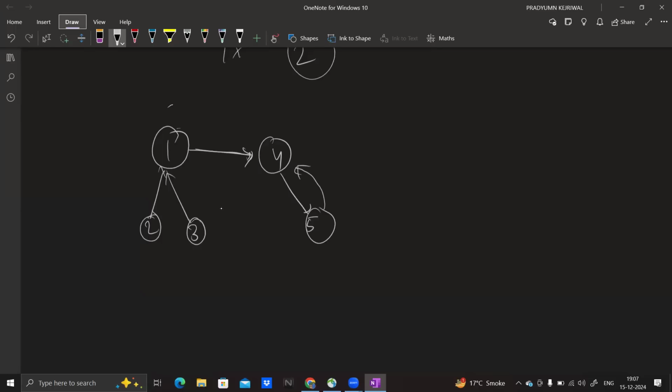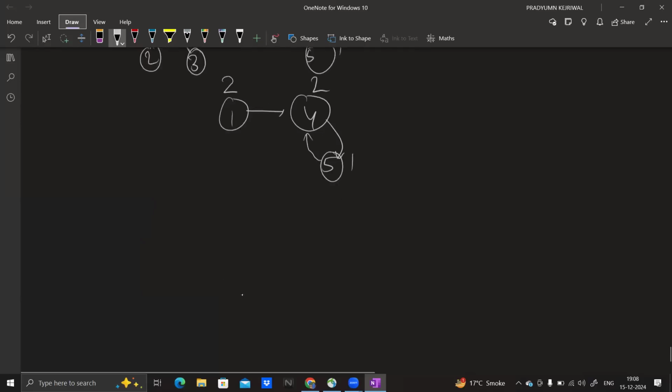So 1 will have 2 candies. 4 will have 2 candies because 1 gave it 1, and 5 gave it 1, but it gave 1 to 5, right? And 5 will have 1. After the first year, this will be the case: 1 will have 2, 4 will have 2, 5 will have 1, right?